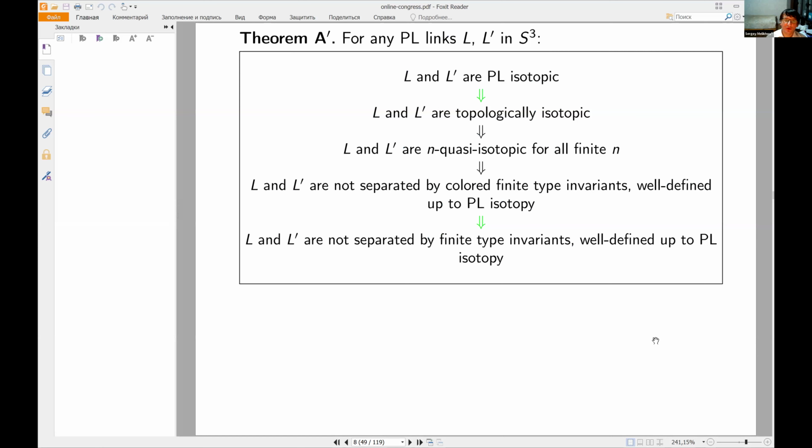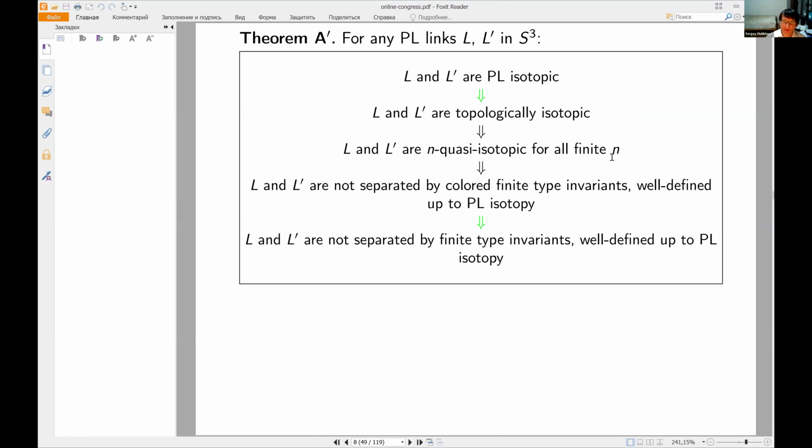So now this is a new version of theorem A, and it says that for any PL links L and L prime in S3, there are the following implications. The first implication is trivial again. If L and L prime are PL isotopic, then they are topologically isotopic. The theorem says that if they are topologically isotopic, then they are n quasi-isotopic for all finite n. This is the point of this equivalence relation of n quasi-isotopic.